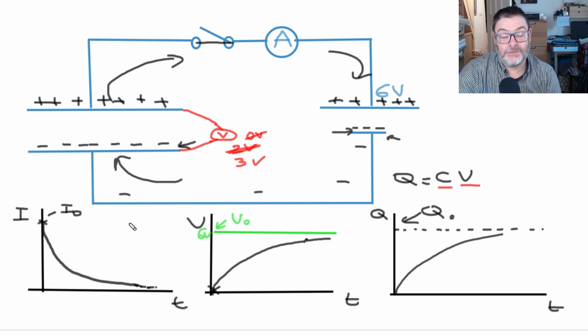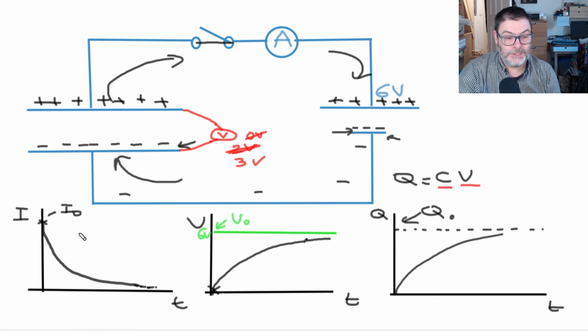There are a set of relatively straightforward formulas that control the values, as it were, on the capacitor. Although some students find these difficult to work with, and I was one of those, because of the natural logs that are going on. But once you get your head around the rules, it's relatively straightforward. So for the current graph there, what we have is just a bog standard exponential graph.